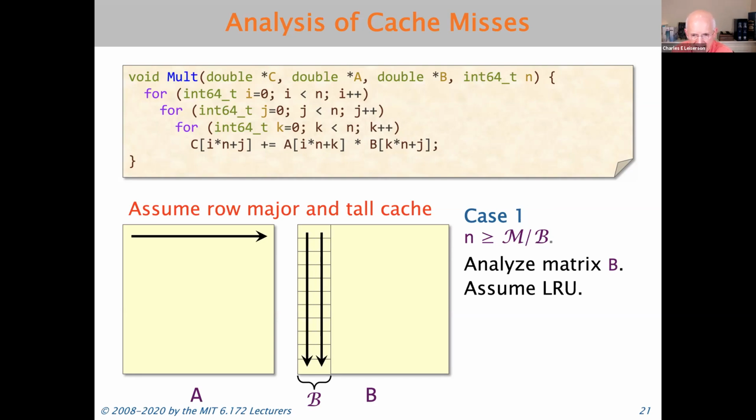Okay, and so again, there are a total of n cache misses, and we do it again and again and again.